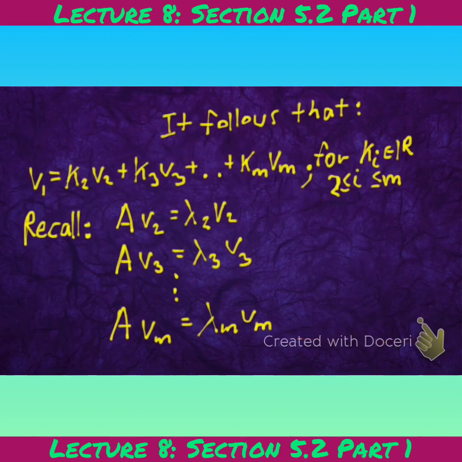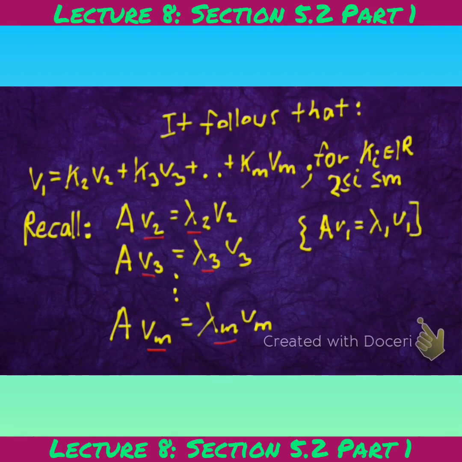Right, so also recall that each one of these vectors corresponds to distinct eigenvalues, okay? So now we remember V1 is an eigenvector, and we just need to remember that V1 corresponds to the eigenvalue lambda 1.